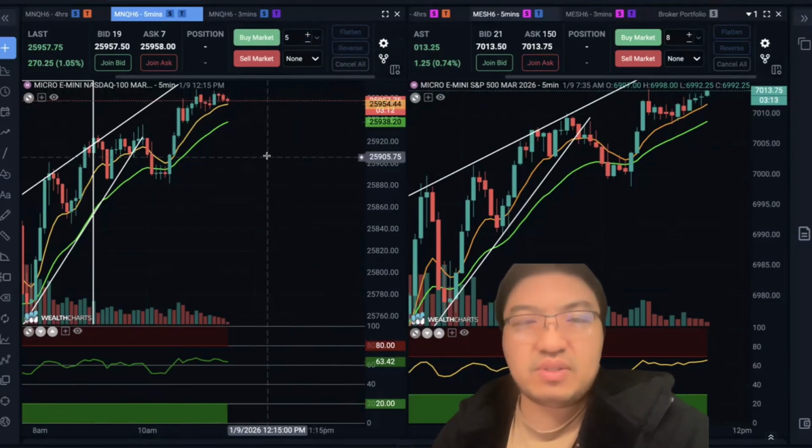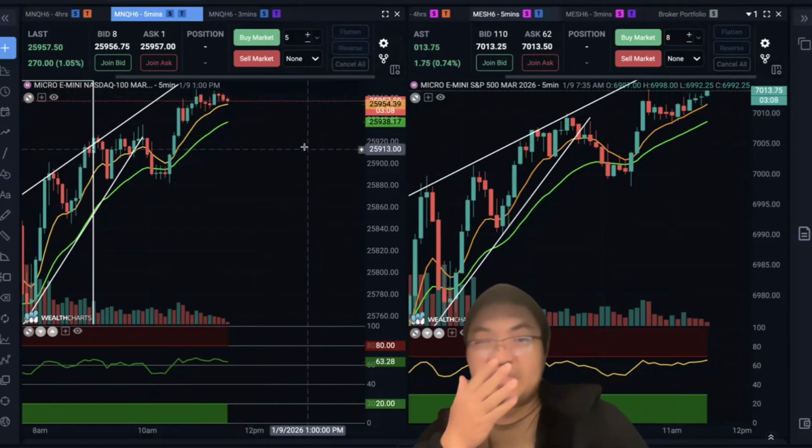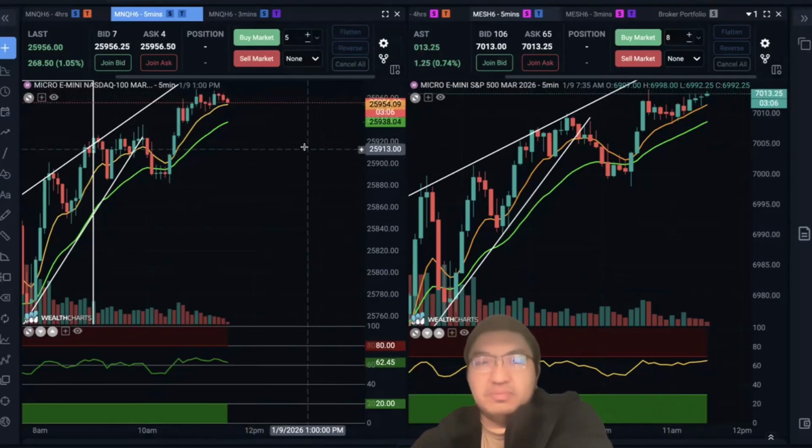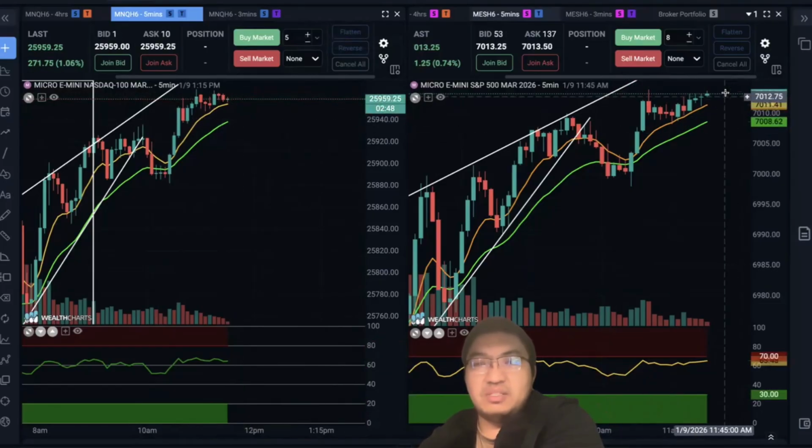This is very dangerous. So I'm gonna be rest assured. Wait for some time. No need to rush. ES shows some upward, but who knows? NQ shows some downward. So if NQ breaks the downside, then I will go short on ES.